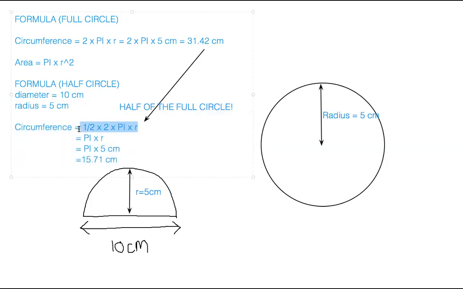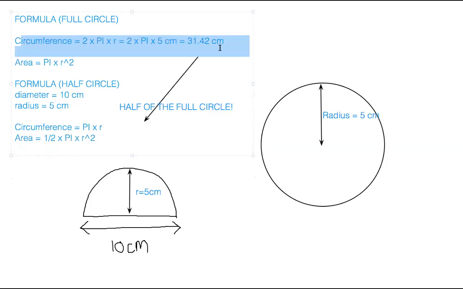Yes, okay. Correct. Because this is the general formula. Area of half circle, the same formula, right? You're going to half it again. So 1/2 times pi times r squared. So that's the only difference.